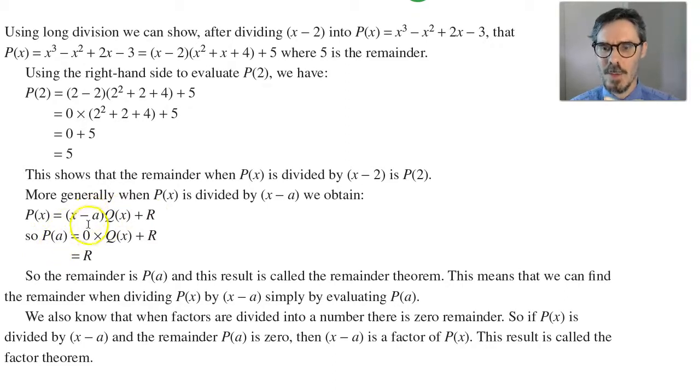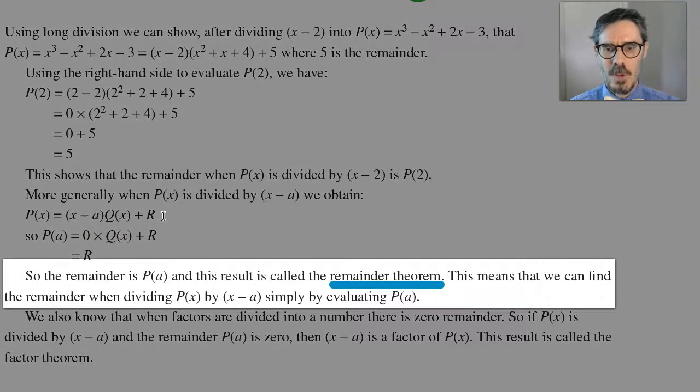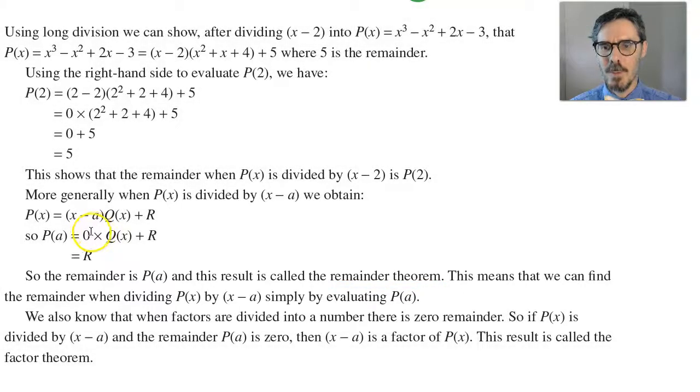Because if I'm dividing by x minus a, this first term is going to be 0, because the first factor is 0. So if this term is 0, I'm left with just the remainder. This result is called the remainder theorem. If I divide my polynomial by x minus a, the remainder will be p of a.